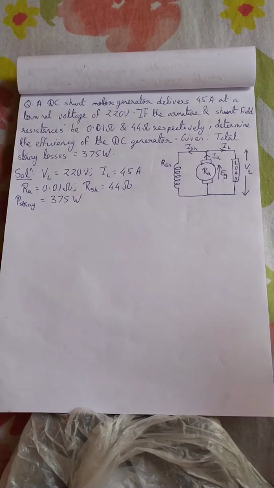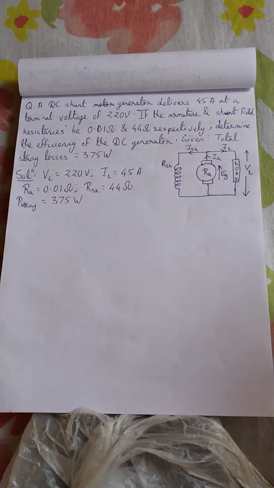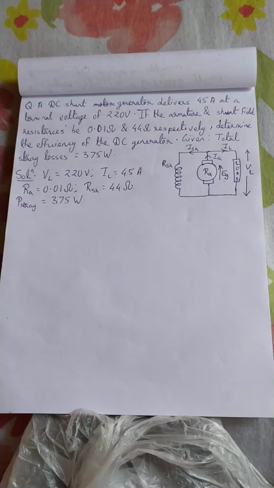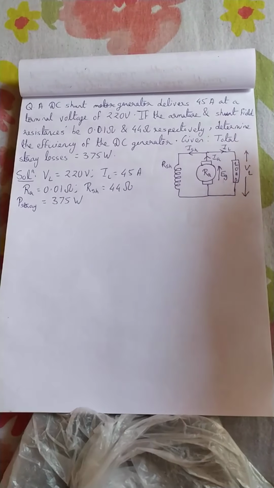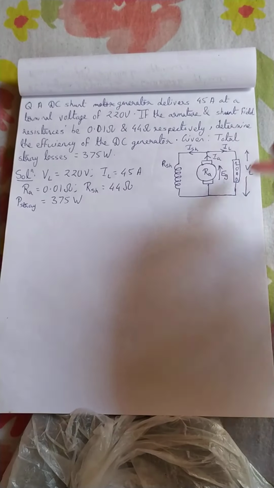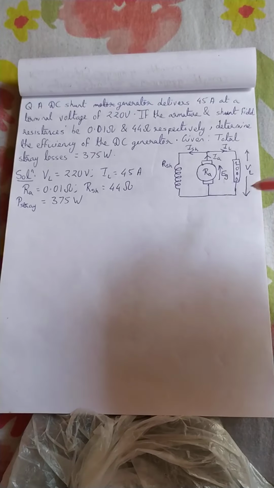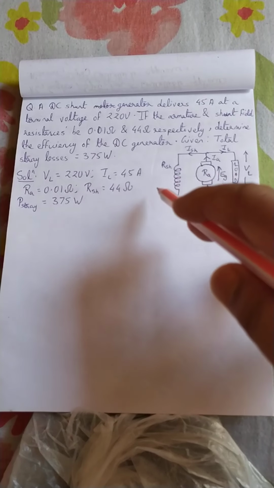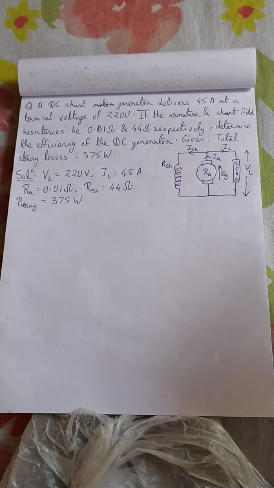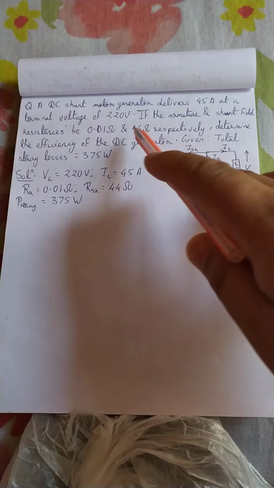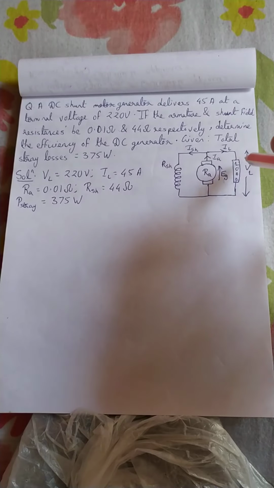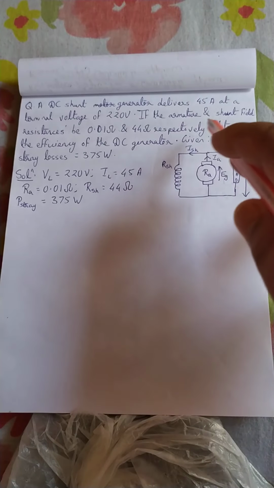Now starting with the first problem. It says that we have a DC generator that is delivering 45 ampere to the load. So the load is connected over here, and we have a shunt generator. So this is the arrangement. We have the shunt field in parallel. It is given that the terminal voltage will be 220 volts, so VL will be equal to 220.